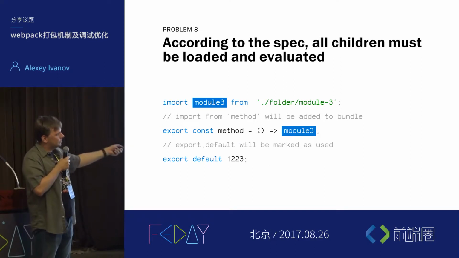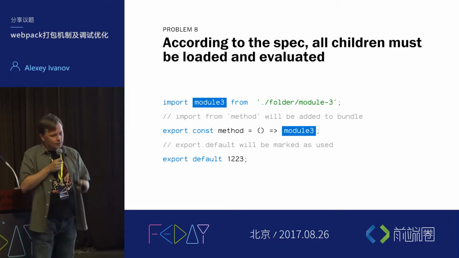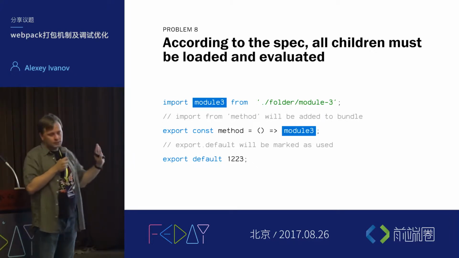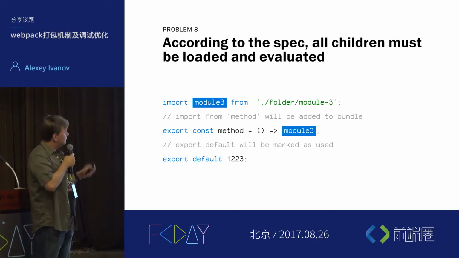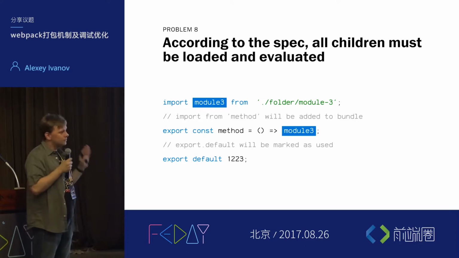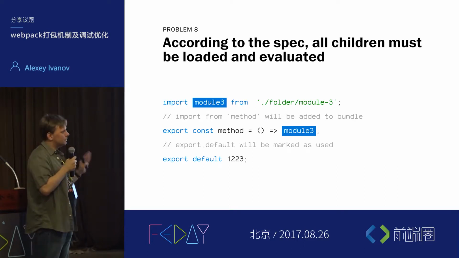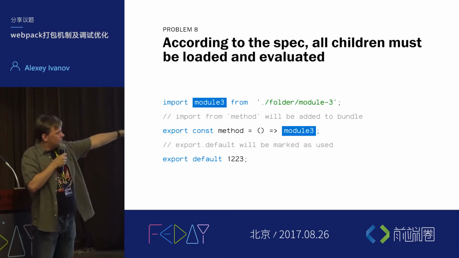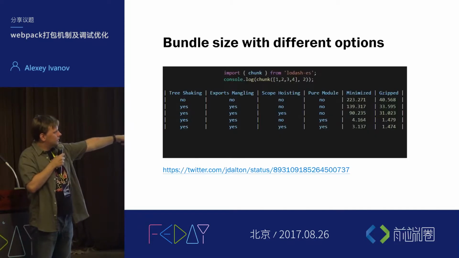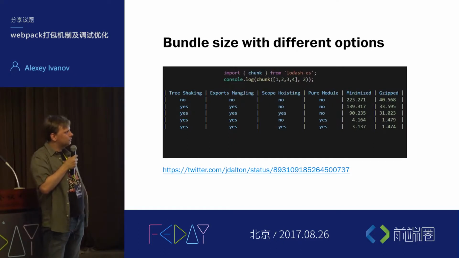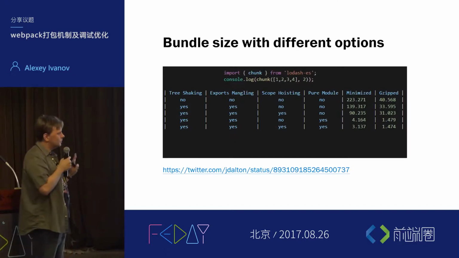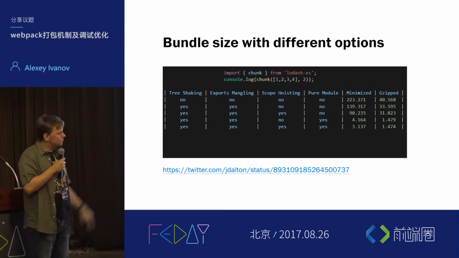And if it has some other dependencies, we should always add them and evaluate them too. It's the only way to be specification compliant. But this way, we will still have a very large bundle. It will be smaller when we are not using anything, but still large. For example, we had 220 kilobytes before, but now we have 140. That's still a lot. It's better, but not good.